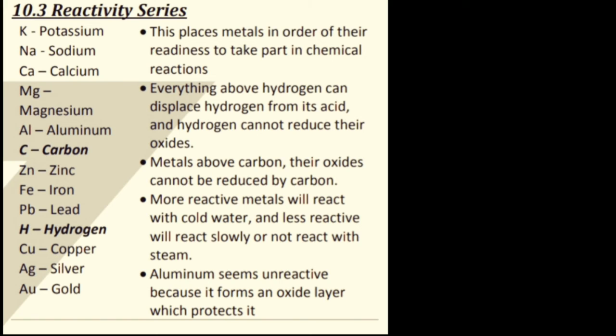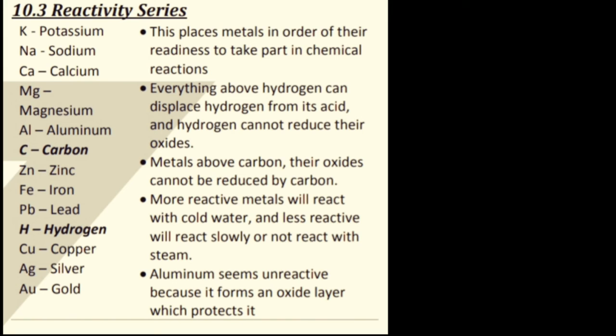Look here, aluminium is above carbon, it is a highly reactive metal according to the reactivity series, but usually aluminium is highly unreactive because on the surface of aluminium there is a layer of aluminium oxide. Pure aluminium is highly reactive, but on its surface there is an oxide layer, aluminium oxide.